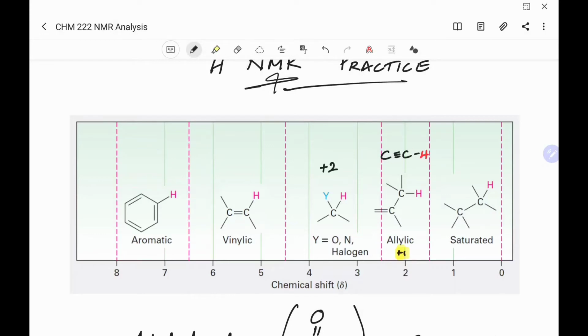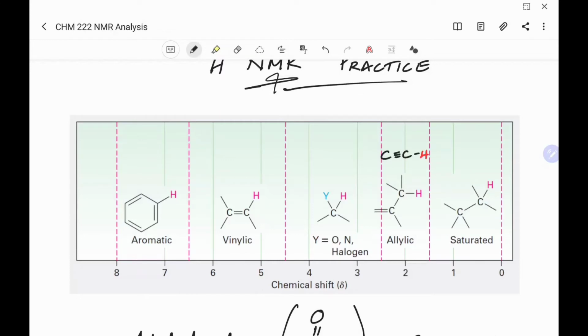So if you have 2 electronegative atoms, it will be +4, but if you have only 1 electronegative atom, it will add +2 to the chemical shift. And if you have a vinylic group next to the hydrogen, it will add +4 to the chemical shift of the hydrogen.